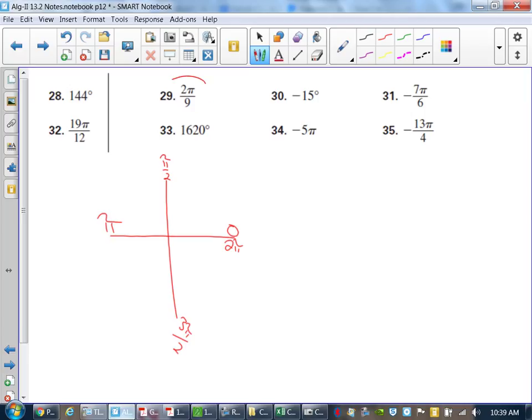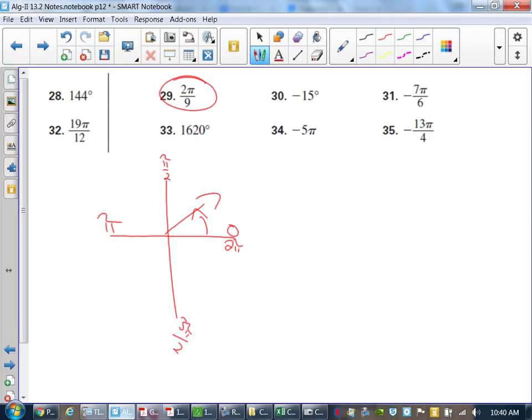So if I'm looking at 2 pi over 9, is 2/9 more or less than halfway? It's less than half. So remember, this is half a pi, so this is less than half a pi, so it's going to be over here somewhere, I don't know where, but it's in this basic idea. It's up 2/9 over pi, okay? And I would just place it. That's how I would draw that in what we call standard position. However you draw an angle is what you call standard position, okay?